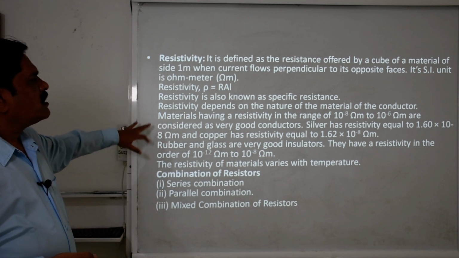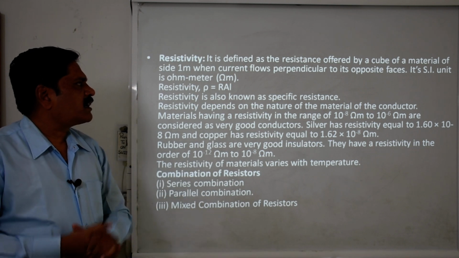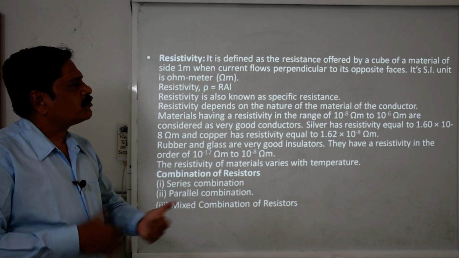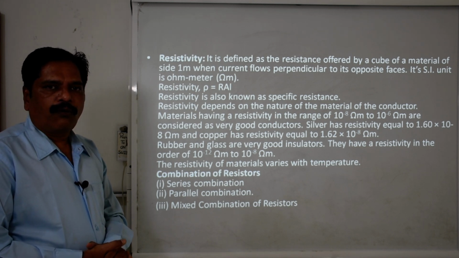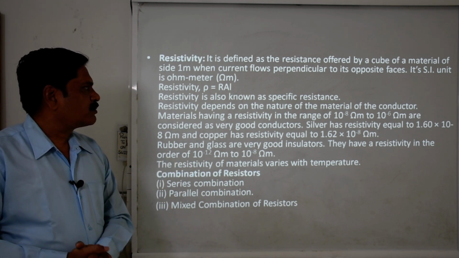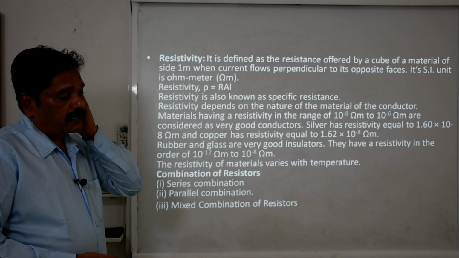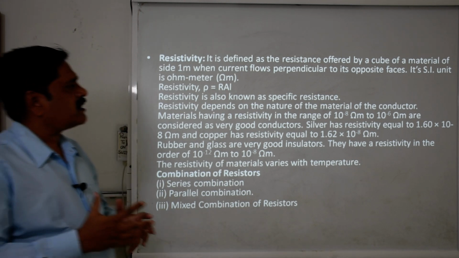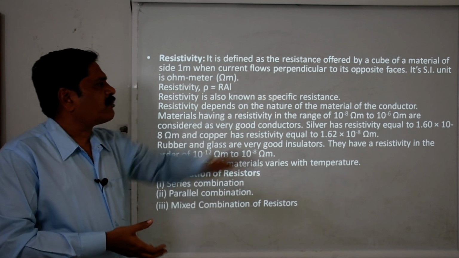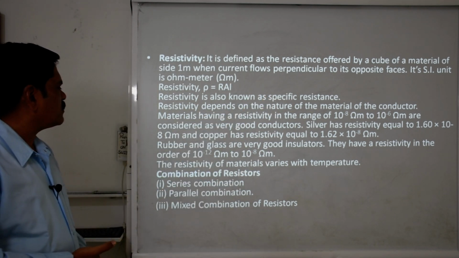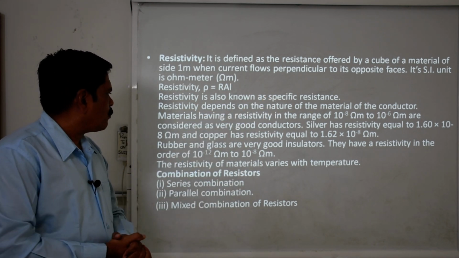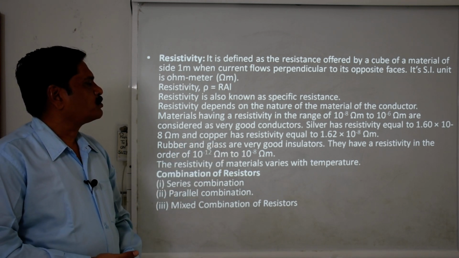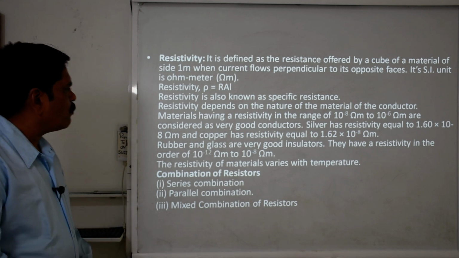Clear? Now, materials having resistivity in the range of 10 to the power minus 8 ohm meter to 10 to the power minus 6 ohm meter are considered good conductors. Silver is the best conductor, with a resistivity of 1.60 into 10 to the power minus 8 ohm meter, and copper has a resistivity of 1.62 into 10 to the power minus 8 ohm meter.